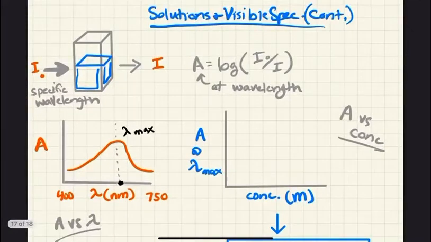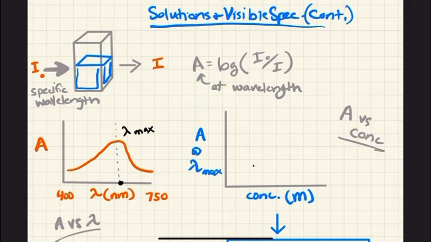So if we now know what wavelength is being absorbed most strongly, we can set our spectrometer to that wavelength, and we can create solutions with known concentrations and measure the absorbance of those solutions. And that will help us to understand the relationship between concentration and absorbance at that wavelength for that specific species.